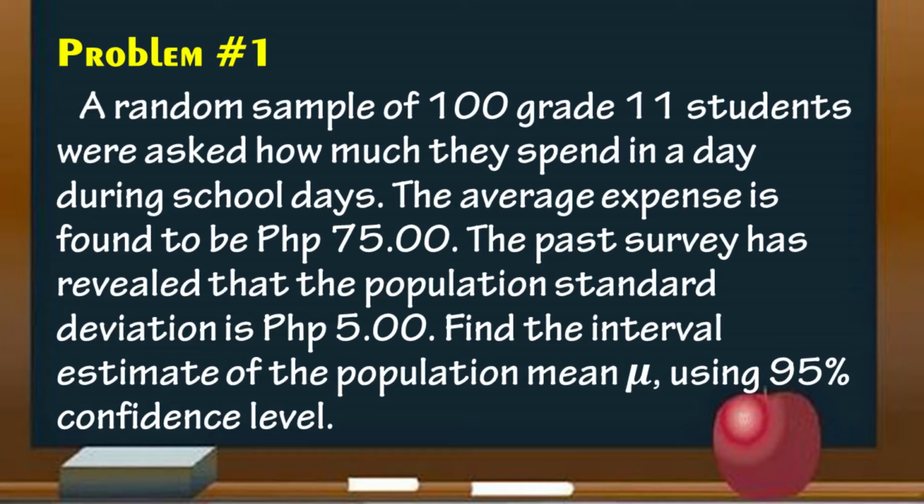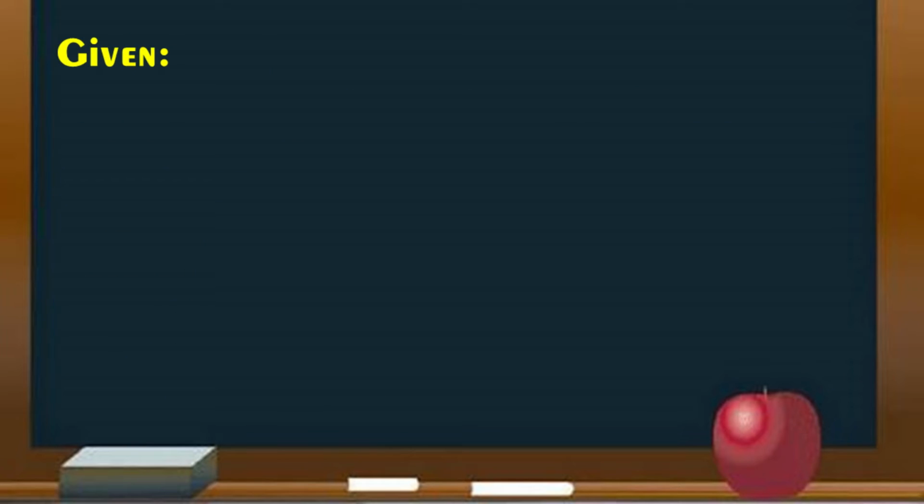First, identify the given. The sample size is 100. The sample mean is 75. The population standard deviation is 5 and the confidence level is 95%. As you can see, the sample size is large and the population standard deviation is known. Now write down the given.